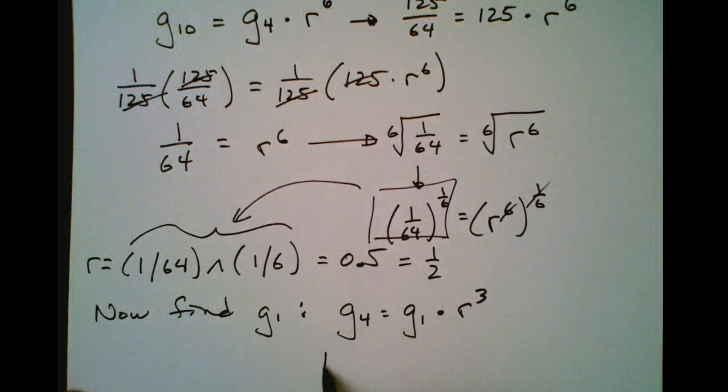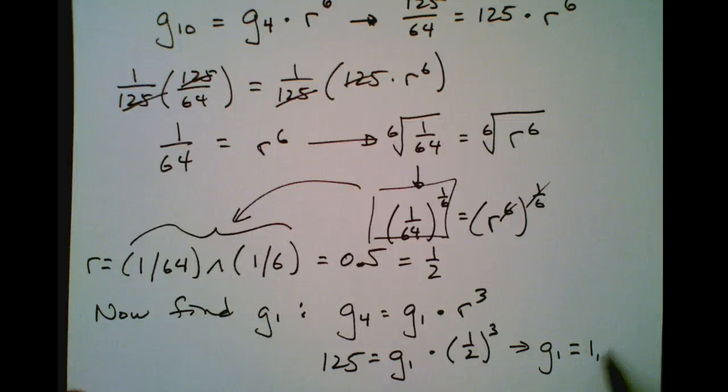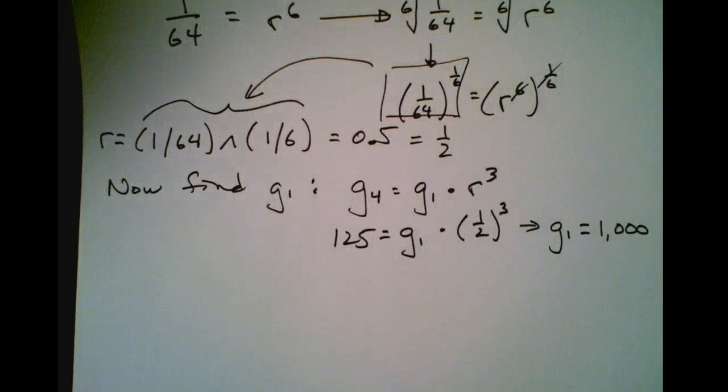I know the 4th term is 125. I don't know the 1st term, but I did figure out that r is 1/2, or you could put in 0.5 if you want. In the interest of saving a little bit of time, I'm going to solve for the 1st term, g sub 1, and it's going to be 1,000. If you don't get that or you can't figure out how, make sure you ask me in class.